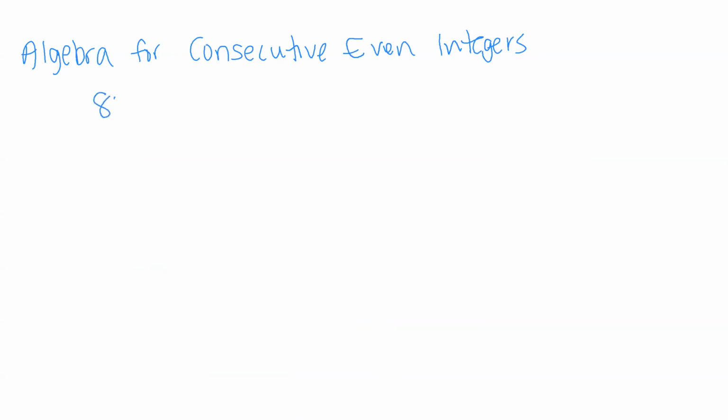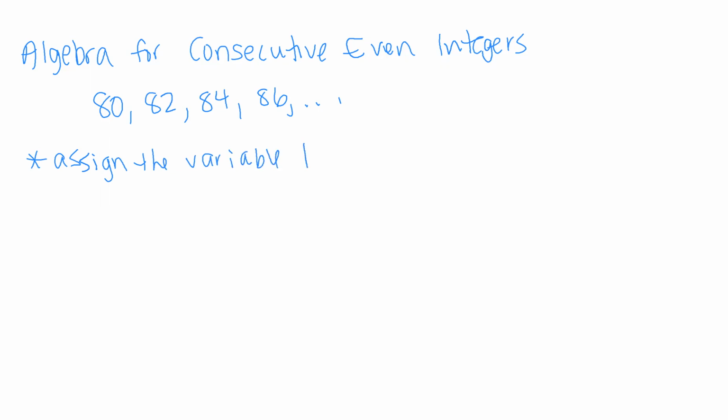We started with 80. We skip 81, we go to 82. We skip all those odds, so the next even would be 84, and then 86, and so on. Just like in the previous examples, we're going to assign the variable to the smallest integer.